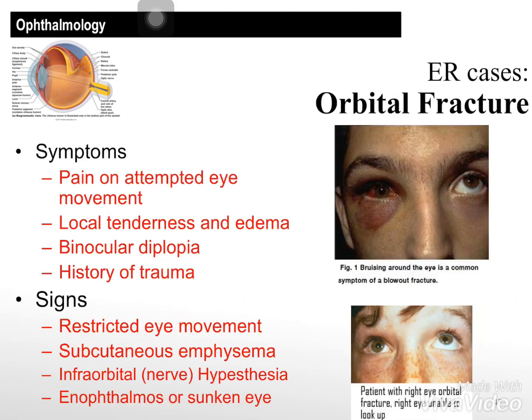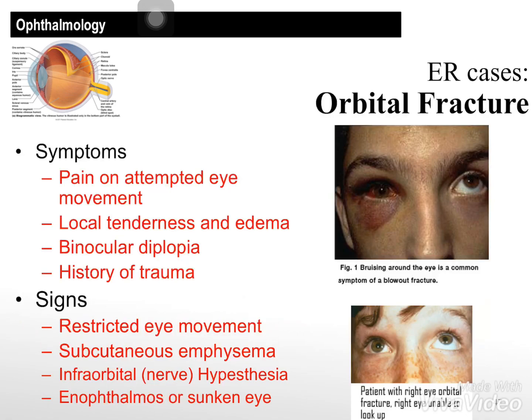What if the patient is hit in the eye with a blunt instrument like a baseball bat, or encountered a vehicular accident and hit the eye on the steering wheel? So you suspect that there is an orbital fracture.